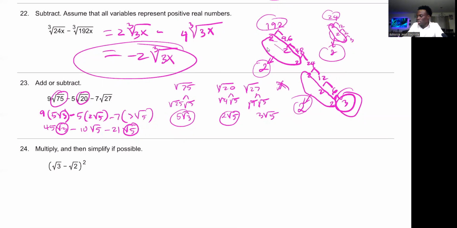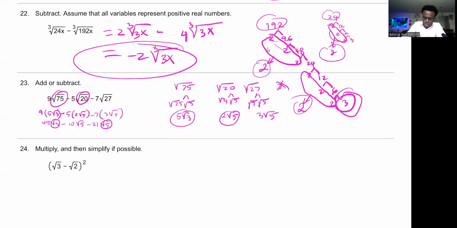So we got 24 square root of 3 minus 10 square root of 5.